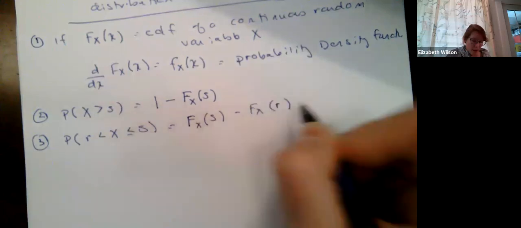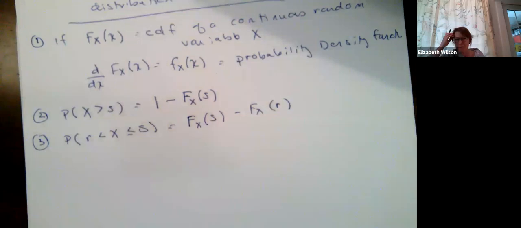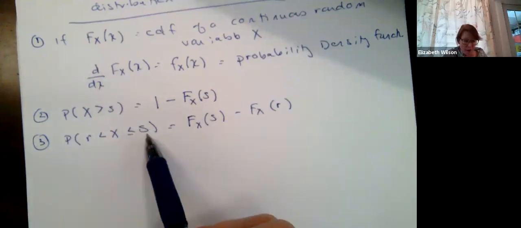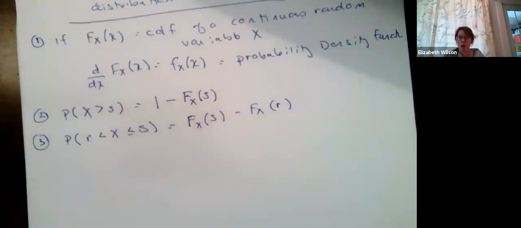So if I have my cumulative distribution function, I don't need to integrate each time. I can just use it and subtract these values. Remember, this is your greater value, this is your lesser value, so make sure that you set up your subtraction right, because our probabilities should always be positive. If you get a negative probability, go back and check your math.